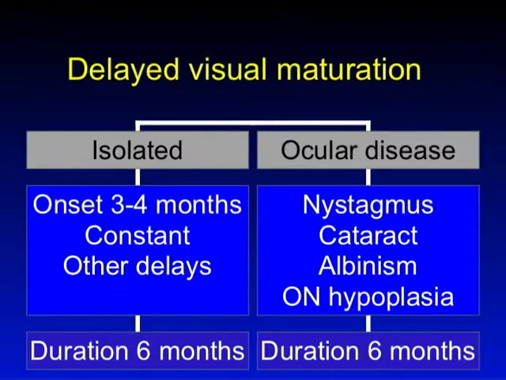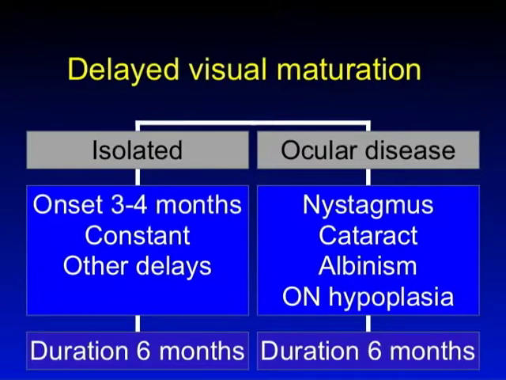There are 3 forms of delayed visual maturation. One is isolated. The other one is associated to other ocular abnormalities. In those patients, probably you don't know what is going to be the visual prognosis. But when you have patients that have other systemic abnormalities, especially when they have hydrocephalus, history of hypoxia, anything like that, seizure disorder, those patients need to be imaged. Don't wait to the 12-month period when you consider it normal or abnormal to image those.